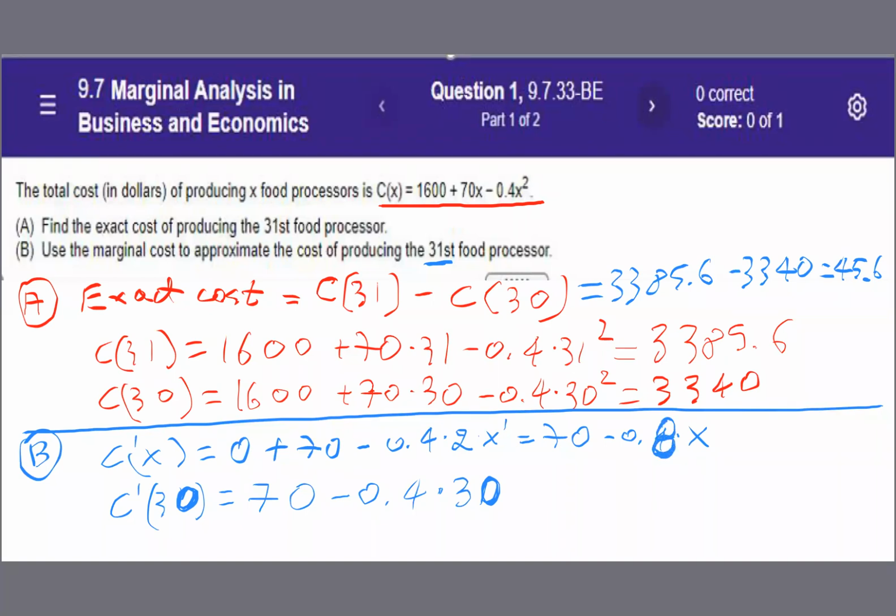You probably caught it by now. 0.4 times 2 is 0.8, and I have 0.8 here. So let's do this again.